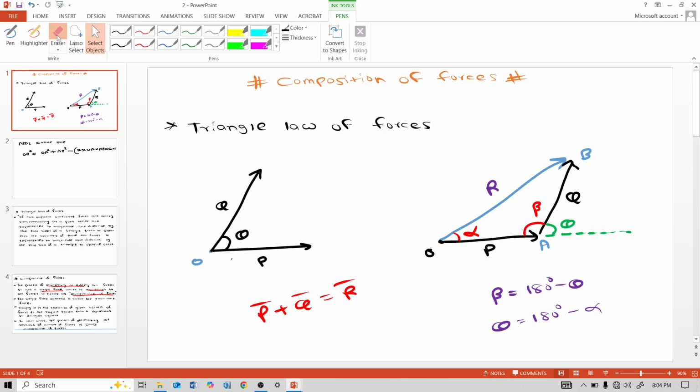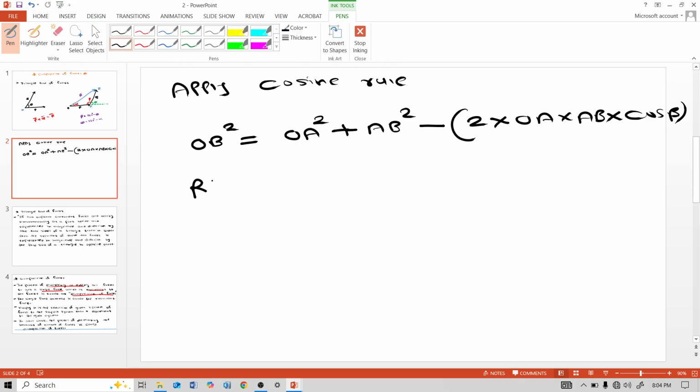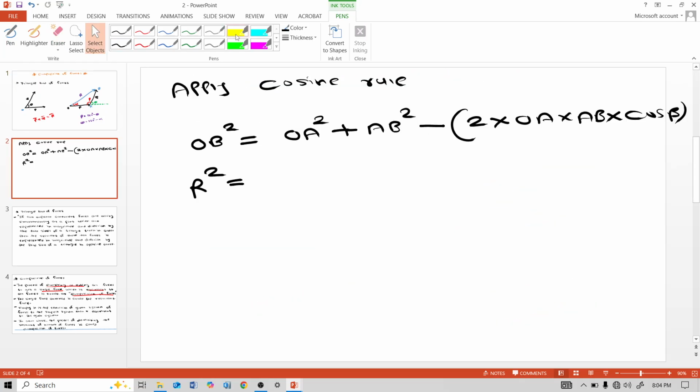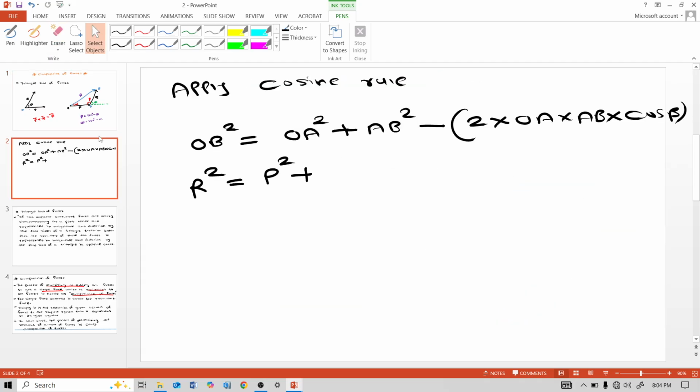Here OB is nothing but R. So R square is equal to P square plus Q square minus 2 into P into Q multiplied by cos beta, since OA is P and AB is the Q force.